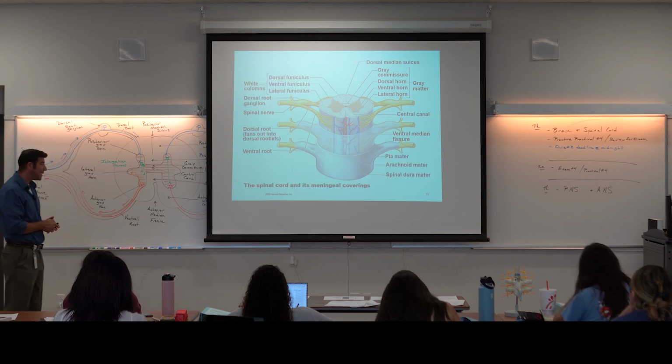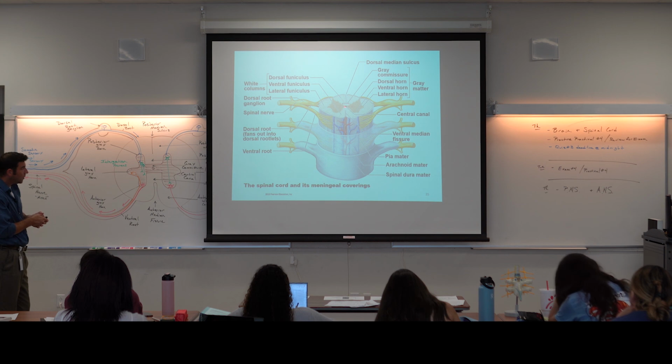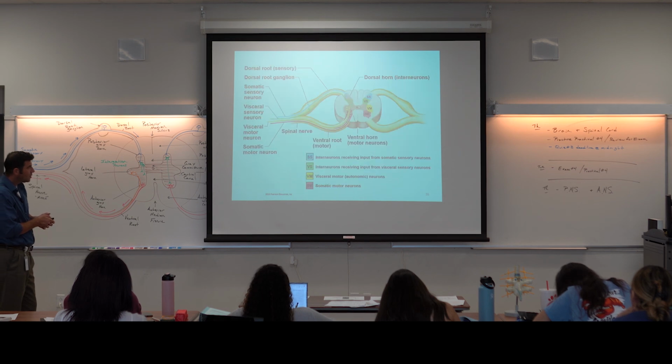If we added the white columns or white funiculi on there, like we did to our diagram, I think that covers just about all of it, because we've got the white columns, we've got this white commissure, there's the central canal, and it's kind of hard to see on this image, but better to see here, you can see that gray commissure, which is where the gray tissue from either half of that spinal cord are connected.